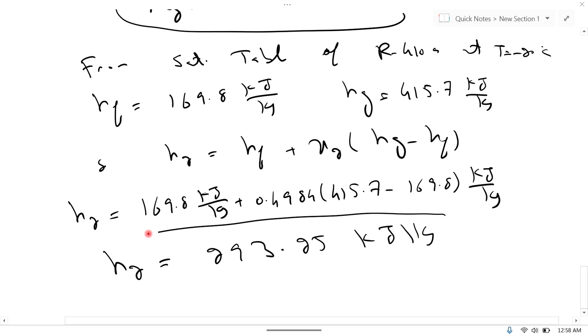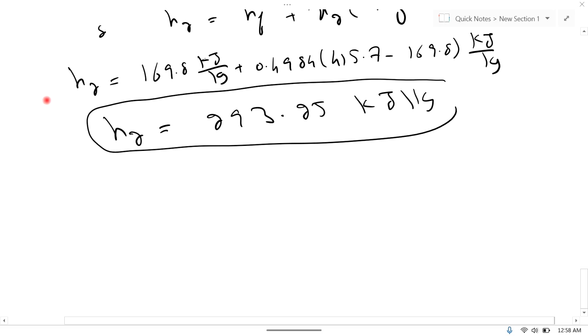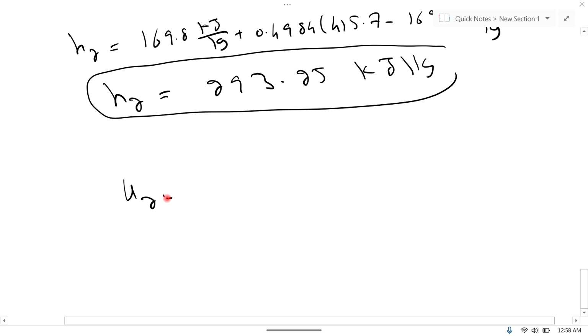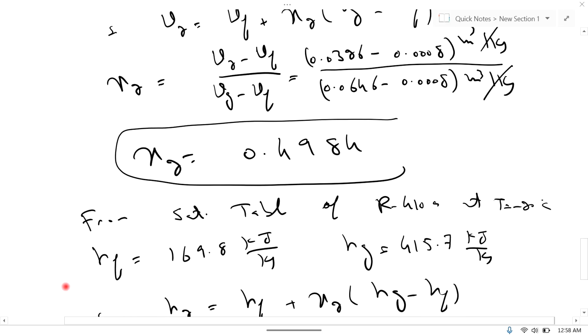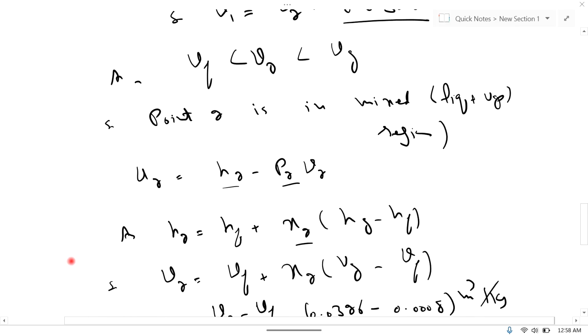Now find U2. U2 is equal to H2 minus P2 V2, and you can find P2 from the table.